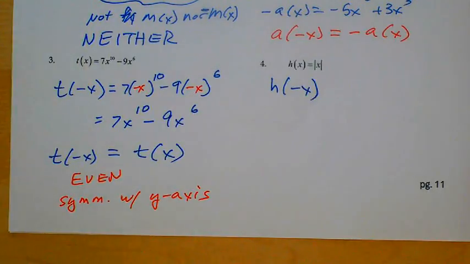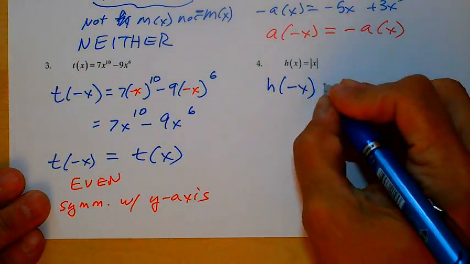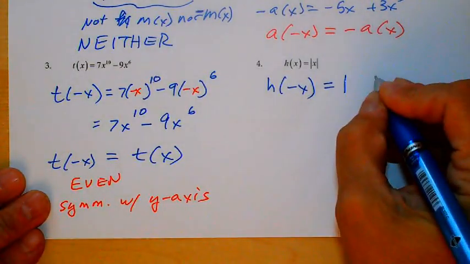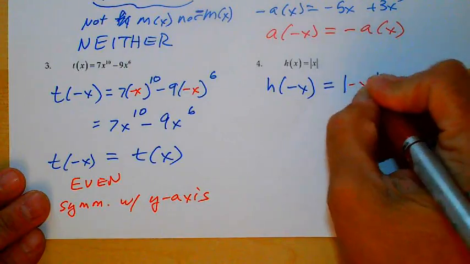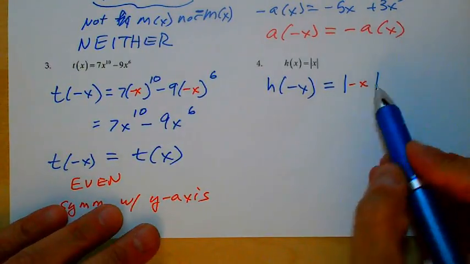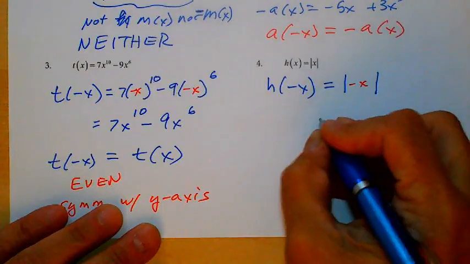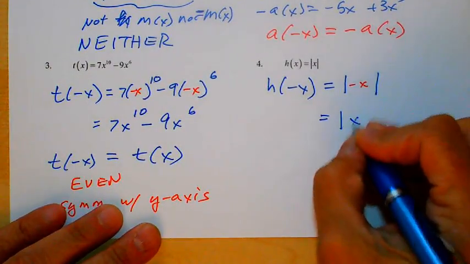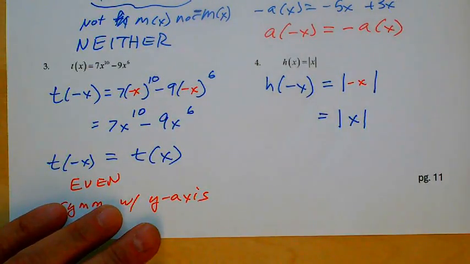Okay, one more little test for us to do. h of x equals the absolute value of x. Same idea as before. Get the template of the function set up and feed it the new input. Well, anyone who knows anything about absolute value is going to realize the absolute value of negative x is, of course, the same value as the absolute value of x. They're going to be the same sign in the end, which is positive.